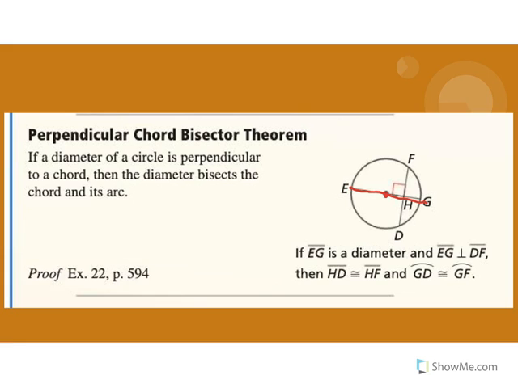So if you have a diameter, and it's perpendicular to a chord, so that diameter and that chord make right angles, then it means that the diameter bisects the chord, which means that this is congruent to this.